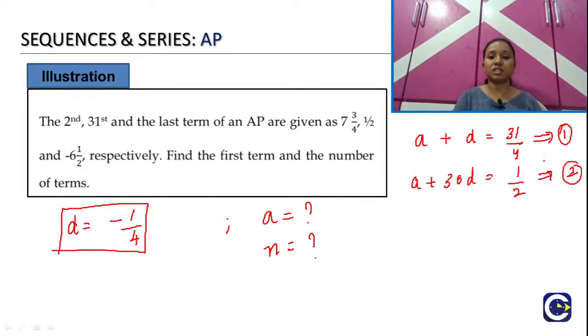So you just have to substitute the common difference in any of these equations in order to determine the A value, which is the first term of the given arithmetic progression. So please let me know the answer, guys.